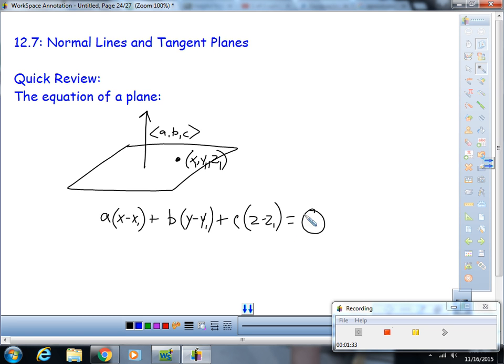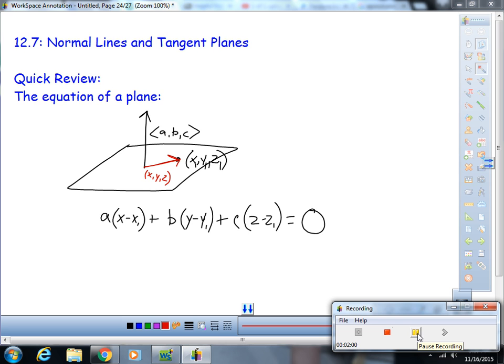Remember that a plane was defined by a vector that was orthogonal to it, and in order for that to happen, the dot product would have to equal 0. So, hopefully you remember how to find the equation of a plane.